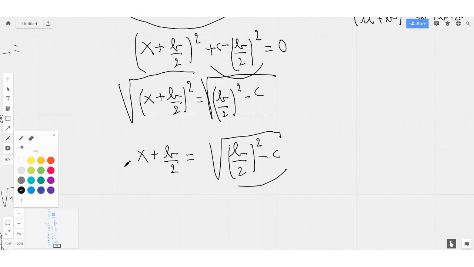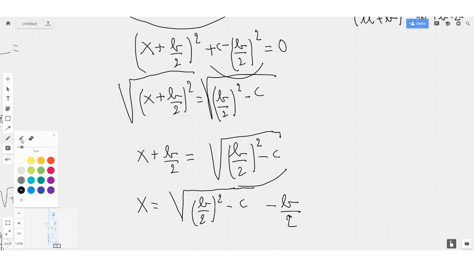Now we simply have x here. So we get x is equal to square root of b over 2 squared minus c minus b over 2.